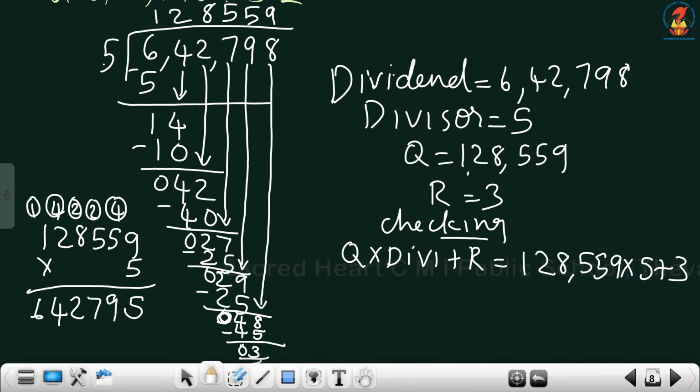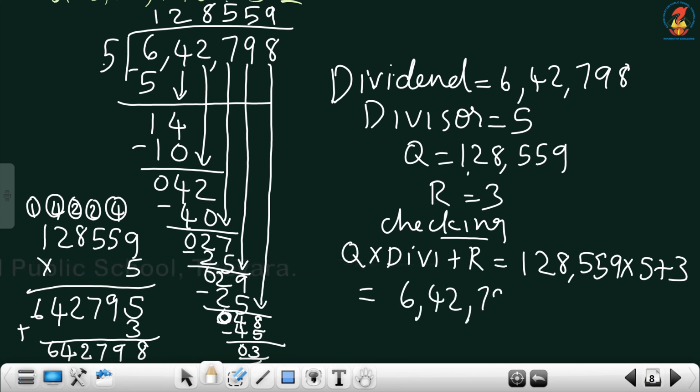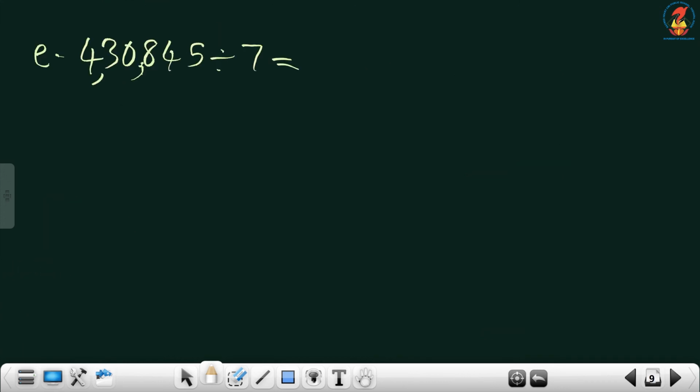After that I need to add that 3 also. It will become 6,42,798. I got the dividend here. That is correct. My answer is correct. Okay.